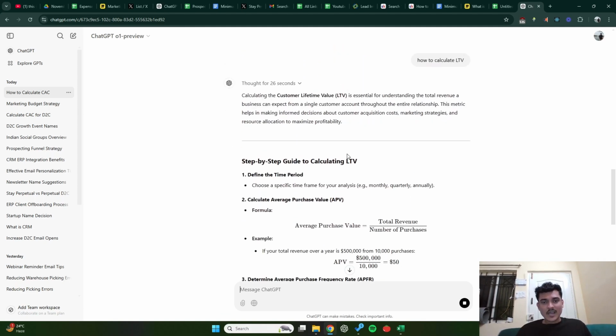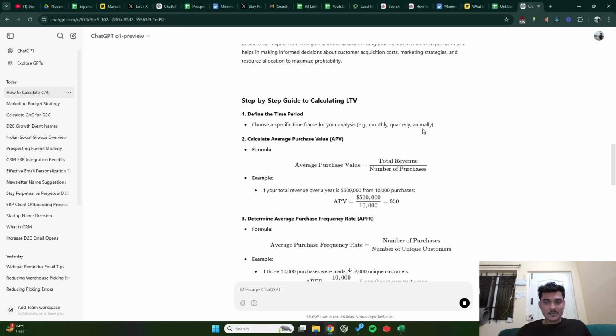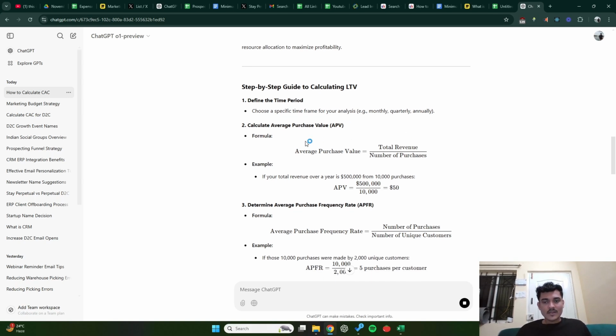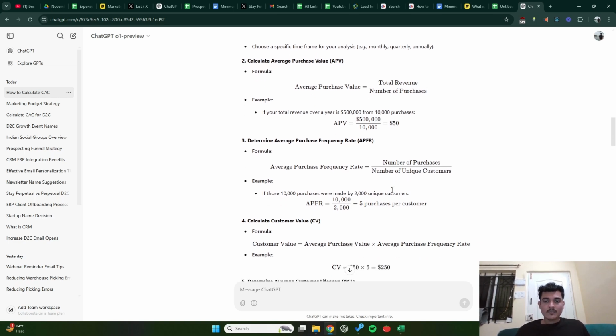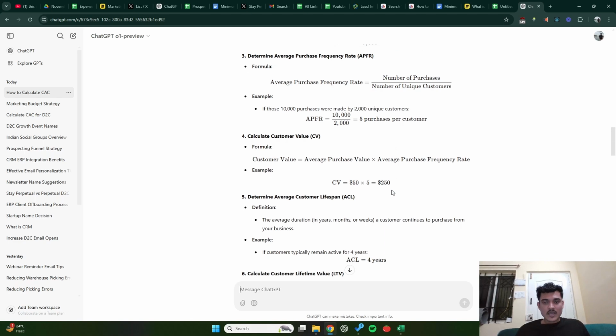The next thing is how we calculate LTV, the customer lifetime value. Here also we use a specific period, and then we find the average purchase value, which is the total revenue divided by the number of purchases. On top of that, we calculate the average purchase frequency, which is the number of purchases divided by the number of unique customers. Then customer value is equal to average purchase value times average purchase frequency.